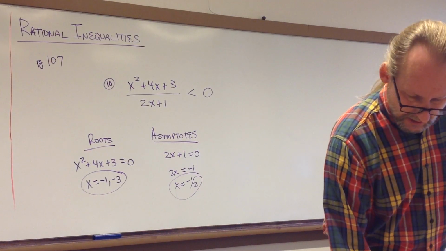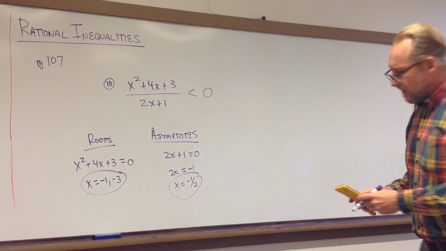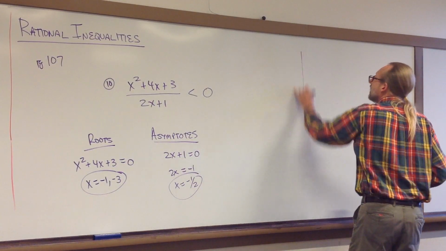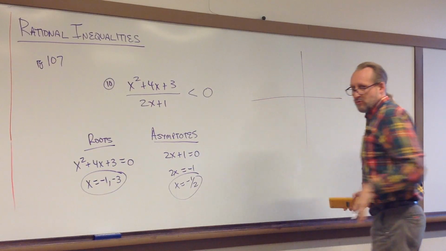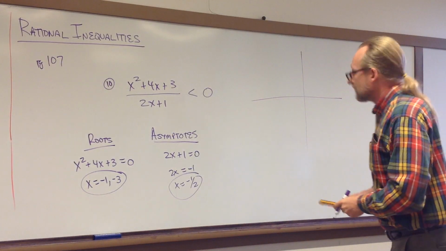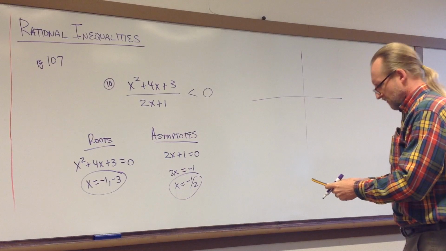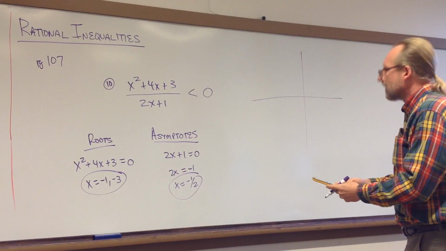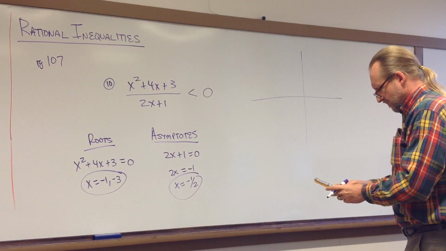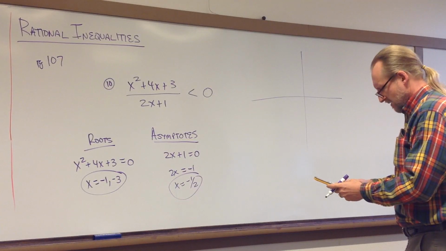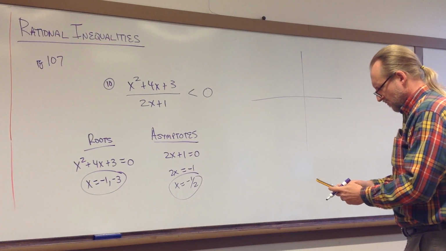So let's get the graph going on the graphing calculator, and then I'll sketch it on the board and show you what it looks like on the calculator as well. x squared plus 4x plus 3, and then 2x plus 1 on the bottom.